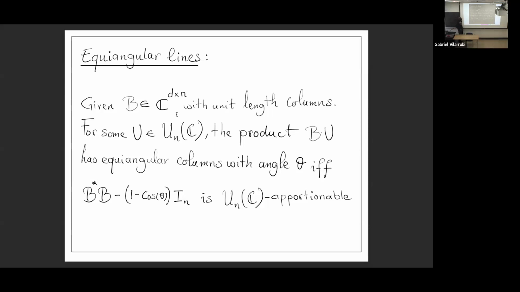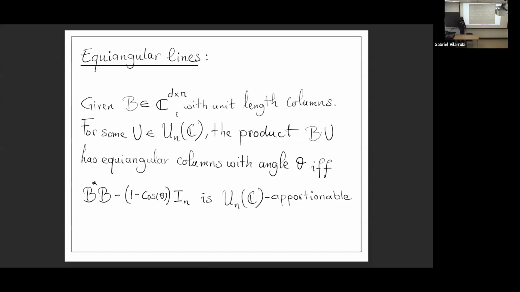What I want to ask is whether it's possible to find D equiangular lines. These are lines in R^D, lines in R^n, that have equal angle between them. Think orthonormal sets. That's an example of equiangular lines. This is a very well-known combinatorial problem, also very hard to solve.